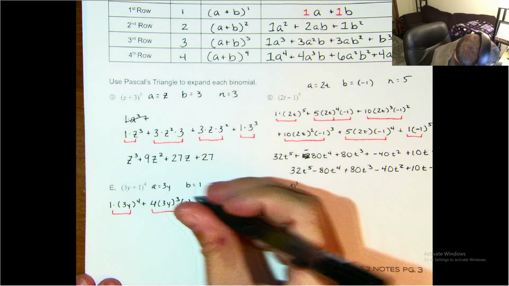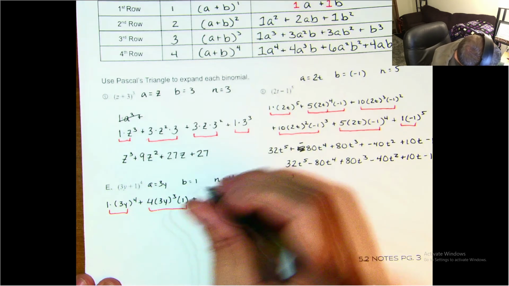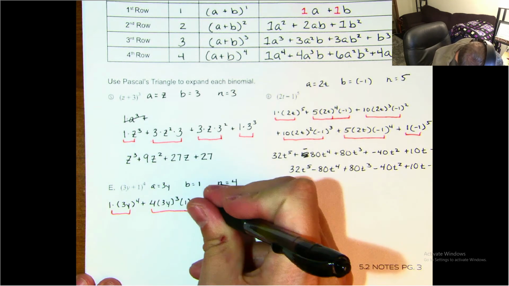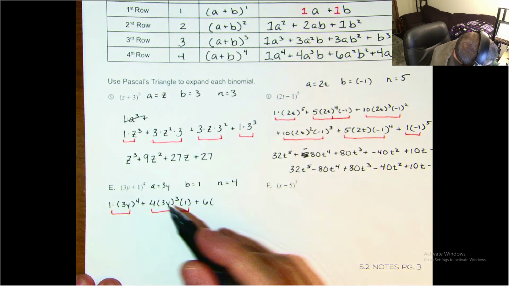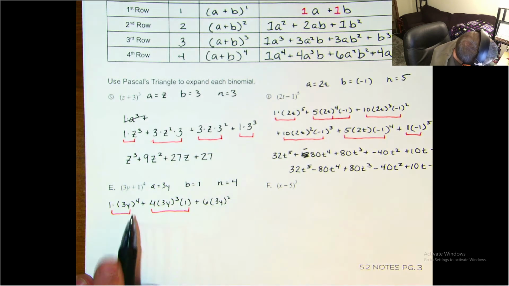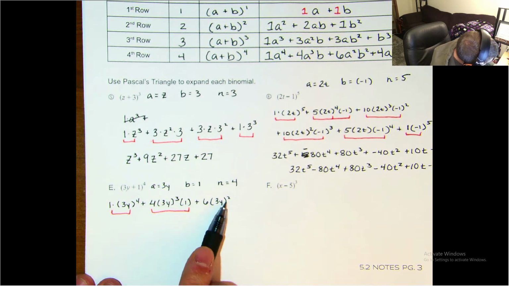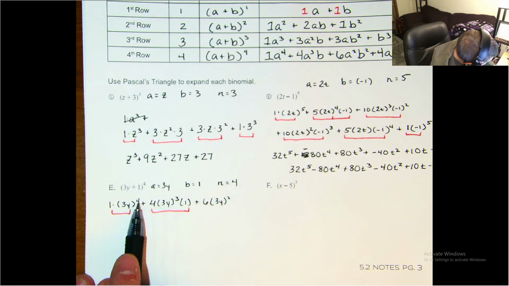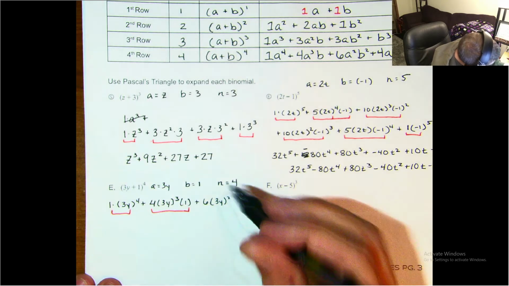Okay, plus 6 times a squared, so 3y squared, a value 4, a value 3, a value 2, b value to the 0 power, b value to the first power, b value to the second power.